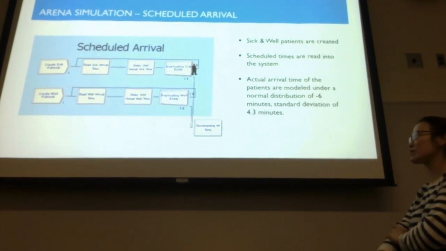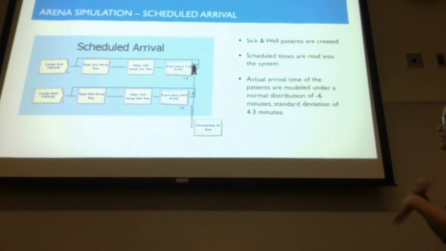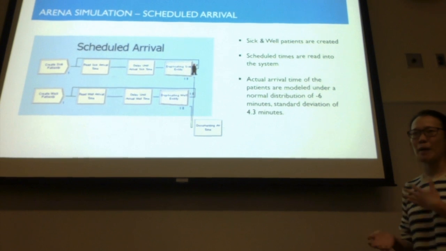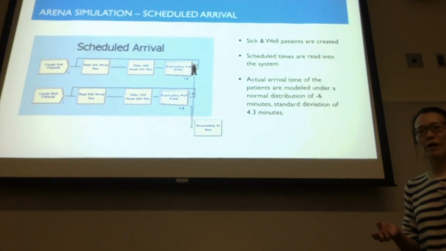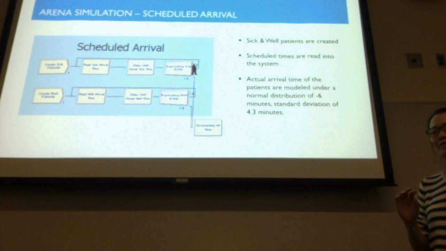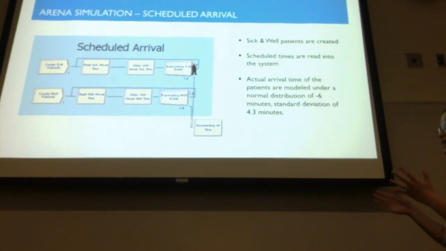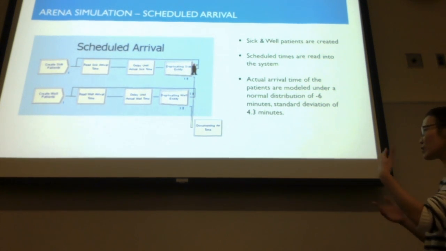It kind of looks really confusing, but mostly it reads in the arrival time. Arena is mostly made for processes where they don't have a known arrival time, but in KPP, patients come in during their scheduled appointment time, so we do know when they're usually going to come.